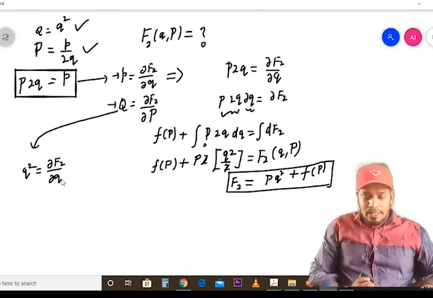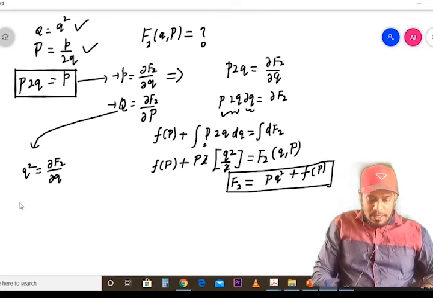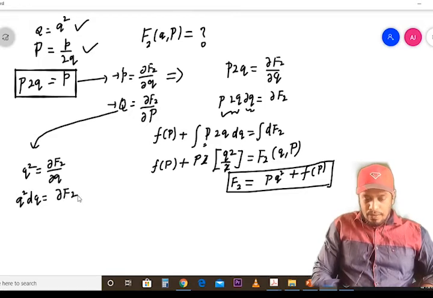Now again we are going to do the same thing. We are going to multiply the whole equation by ∂q. Actually here we made one mistake.